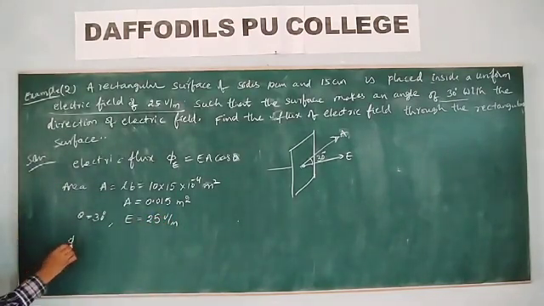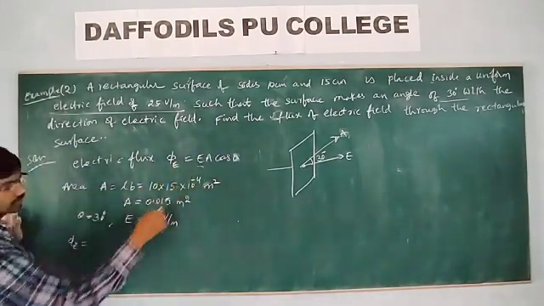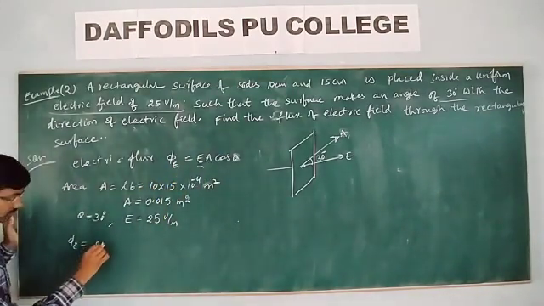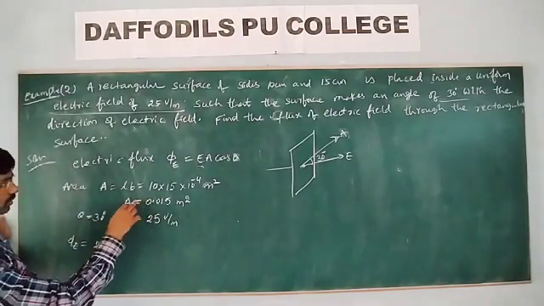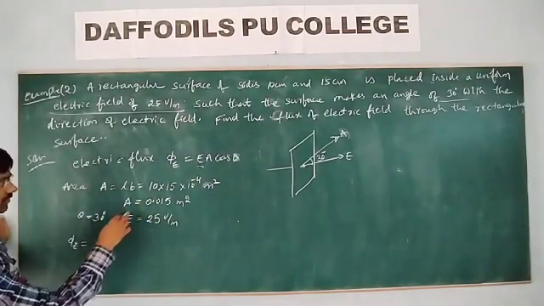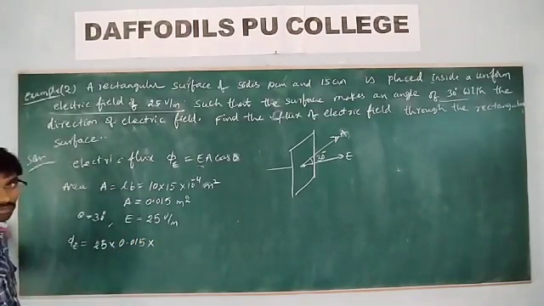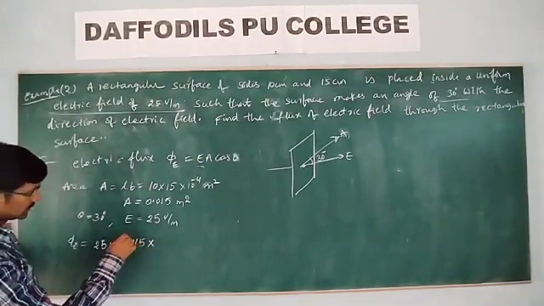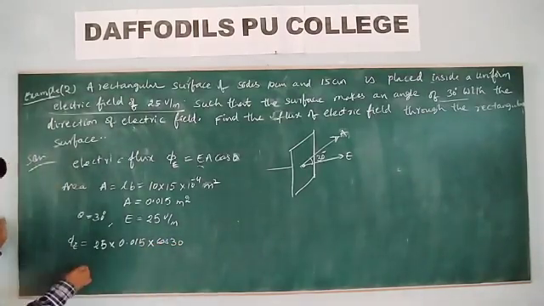Substitute these values. Then electric flux phi is equal to E A cos theta. E is nothing but 25, into the area 0.015, into cos 30. What is the cos 30 value? Root 3 by 2.